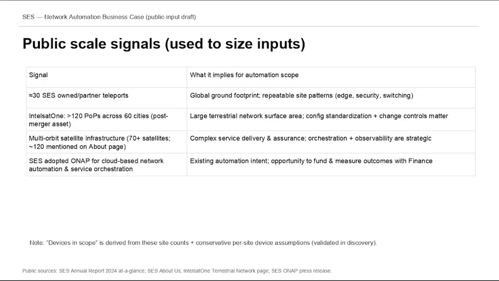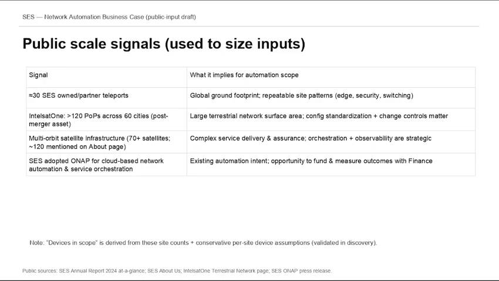All right, so slide 3 says public scale signals used to size inputs. So we've got a table with 2 columns. The first column is the signal. The second one is what it implies for automation scope. So we've got 4 different signals here. The first one is we've got about 30 SES owned slash partnered teleports.